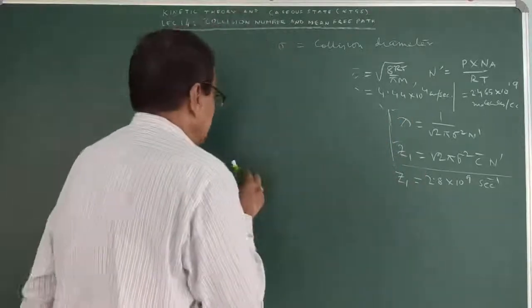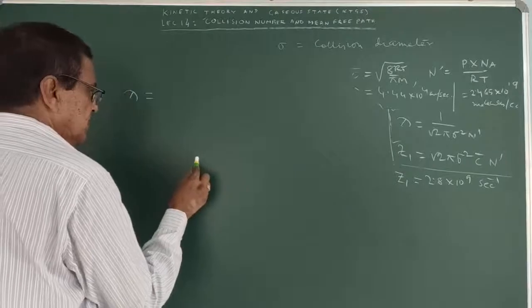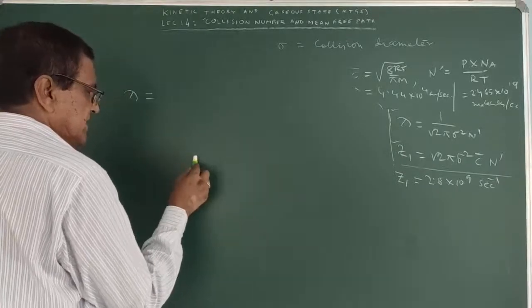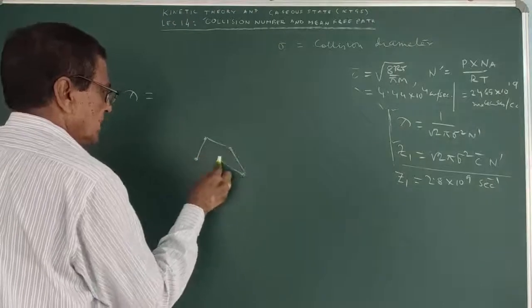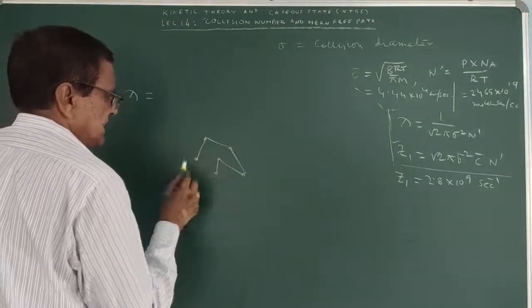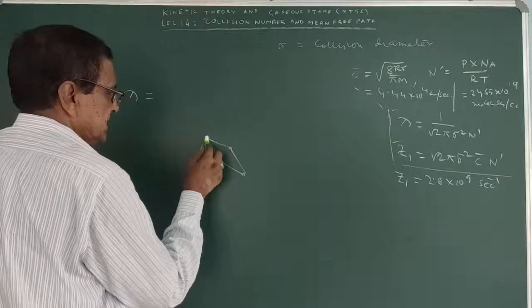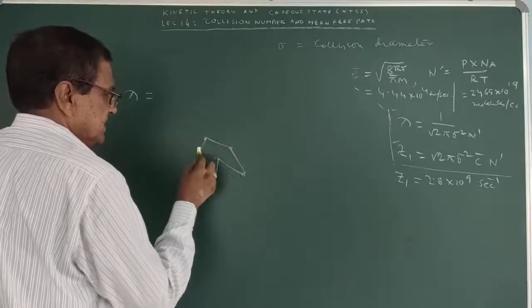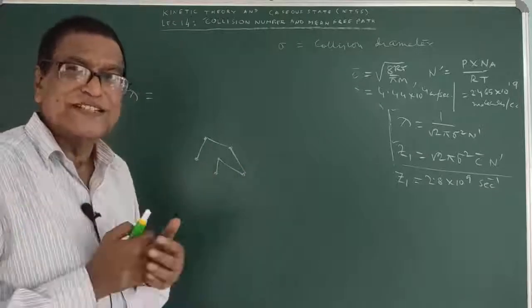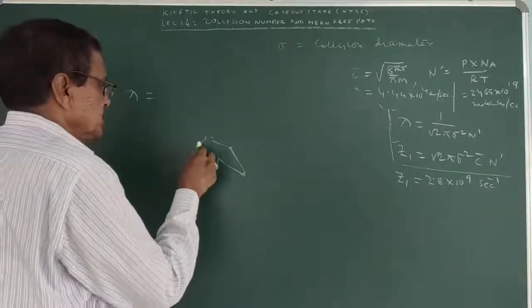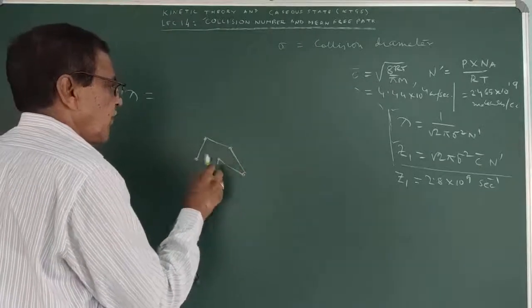Say the molecule here starts, and one collision, and this is the distance moved in 1 second, and these are the number of collisions 1, 2, 3, 4, 5.